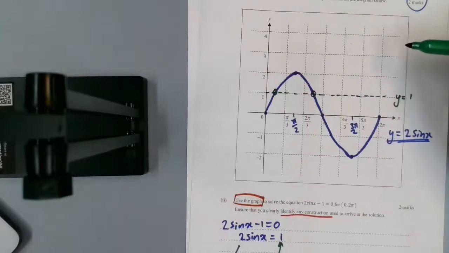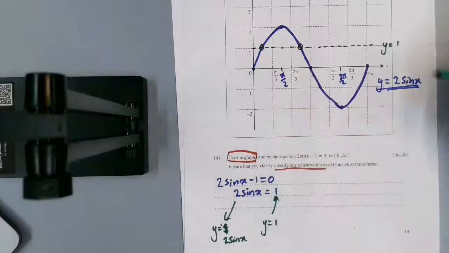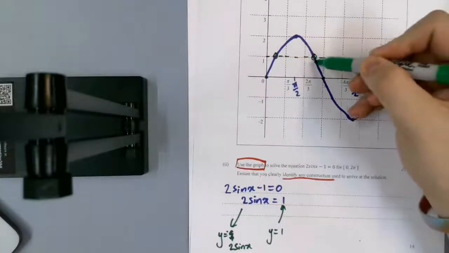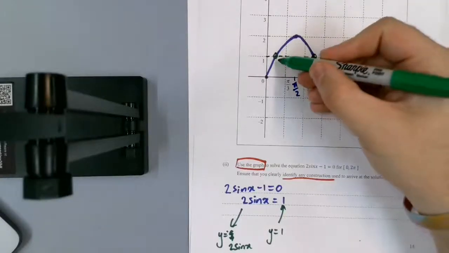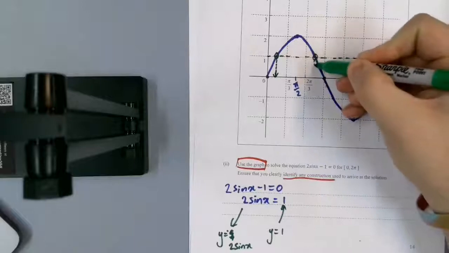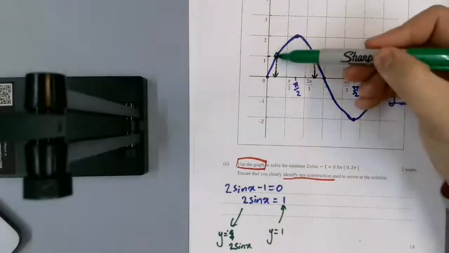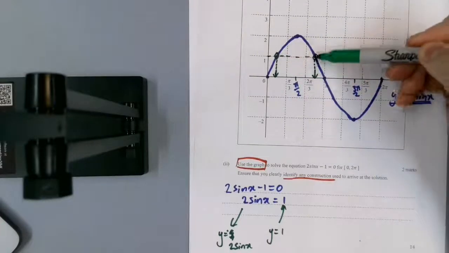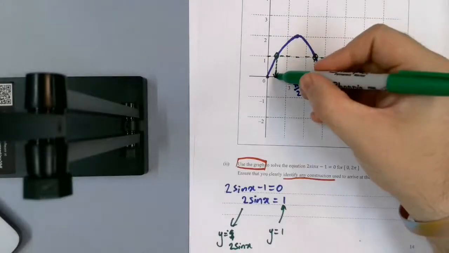Now, our next part is that we want to identify the x values that we can use to solve this equation. So we need to look from the points of this intercept, and this is why it's important to have an accurate sketch, to see where the x values occur below on the x-axis. So all I've done is draw 2 vertical lines down to my x-axis to give me 2 points.